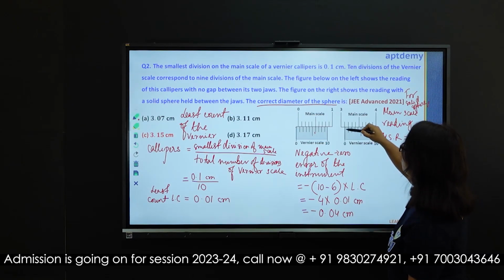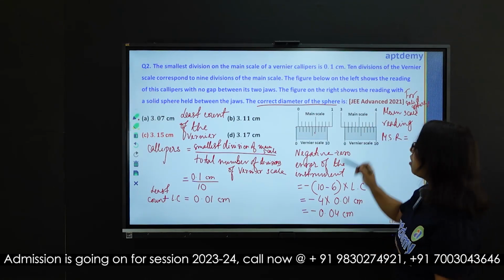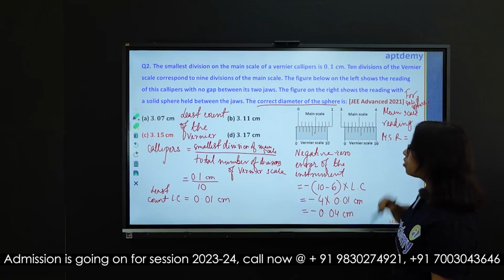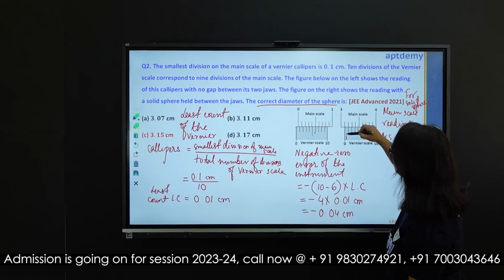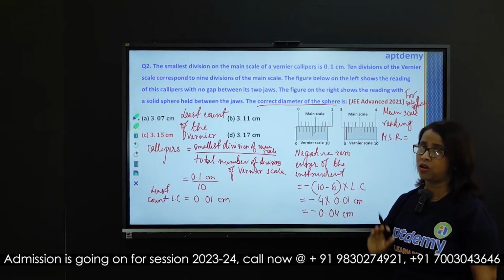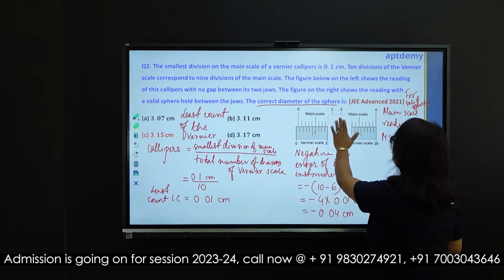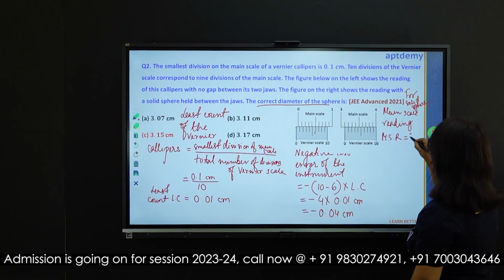So, here the zero of the vernier scale is almost in line, or you can see that it is just after the 3.1 reading. So, we have to take our reading as 3.1 and not 3.2. Similarly, if the zero would have been somewhere here, even then we would have considered the left reading, not the right one. So, you have to note this. Now, the main scale reading in this case is 3.1 centimeters.